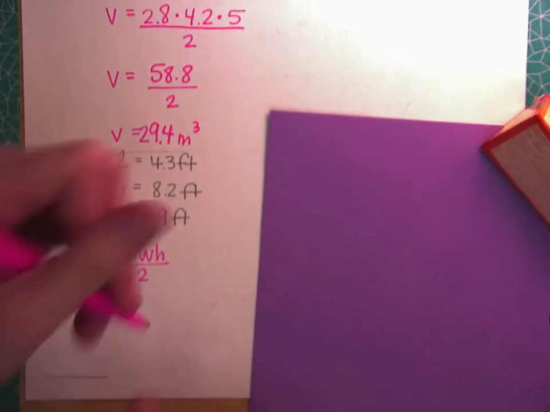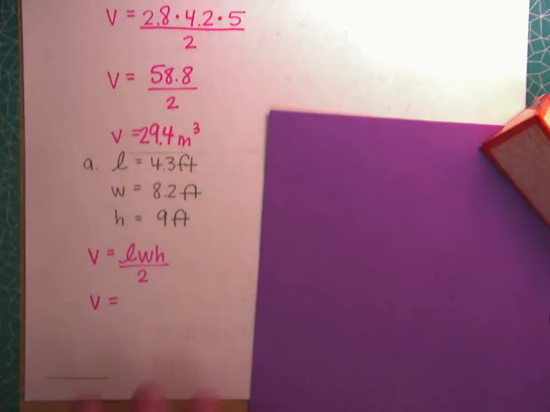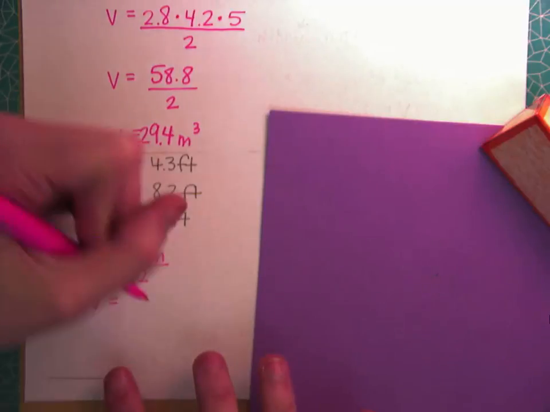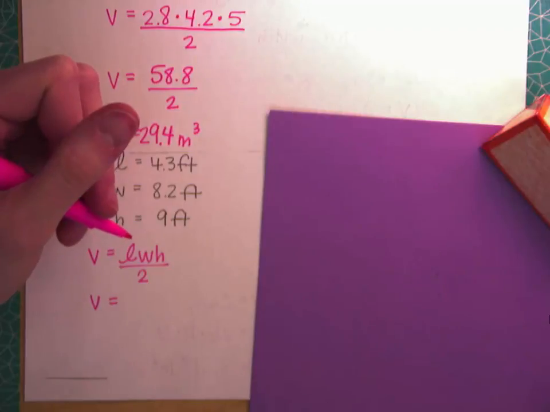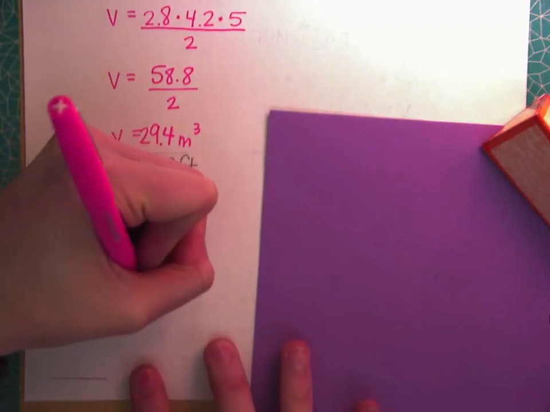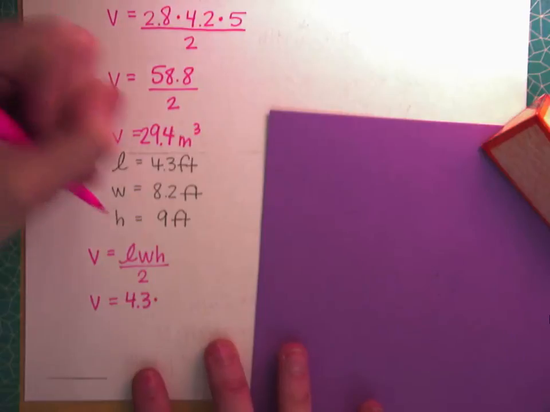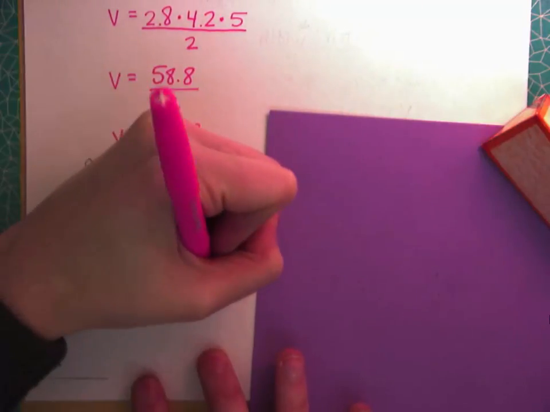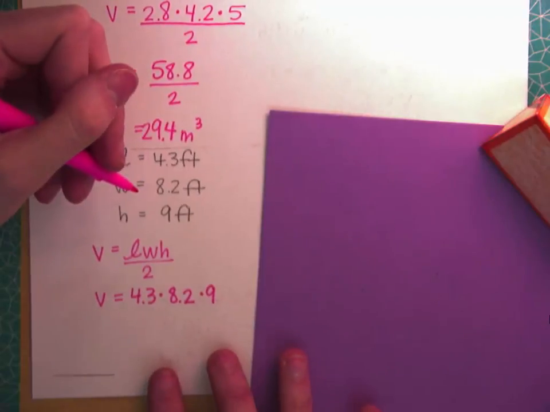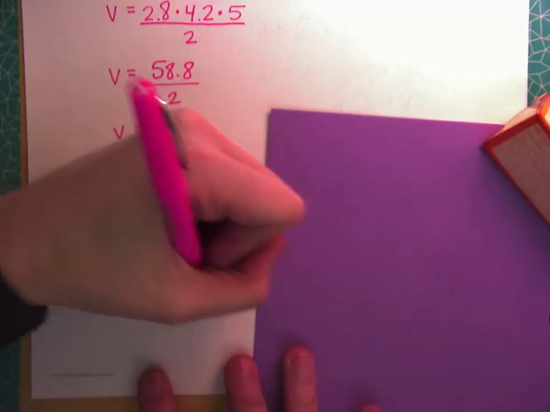When I plug in all of those values, what's it going to say before I multiply it out? So when I plug in the numbers, what am I going to multiply together? Yep. And then I'm going to do what? Divide all of that by 2.